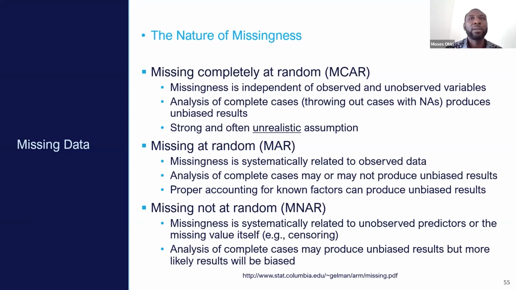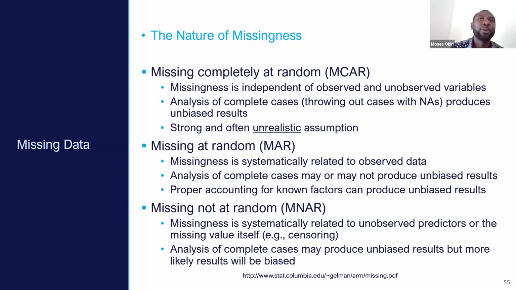And so for the survey data, again, if, for example, the probability of missingness in earnings is related to eye color, and we don't have eye color in the data set, then that type of missingness in earnings will be missing not at random.